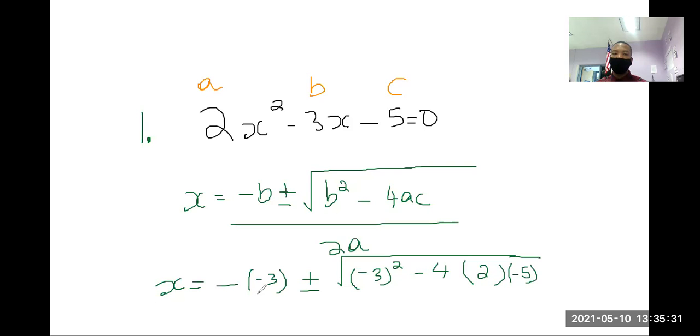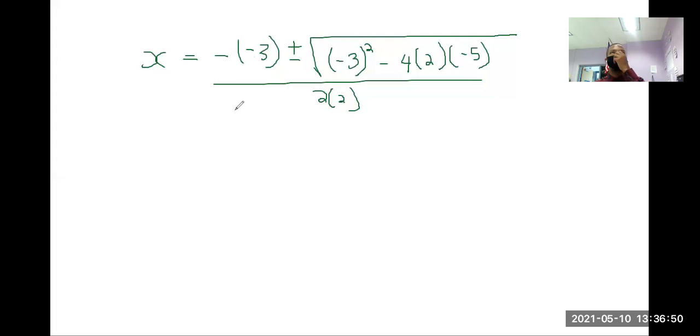And all of that is divided by 2 times 2. All right, so we're just going to go through and solve this. And we're going to split up this equation so we can end up with our 2 x values that we talked about. So let's switch colors.